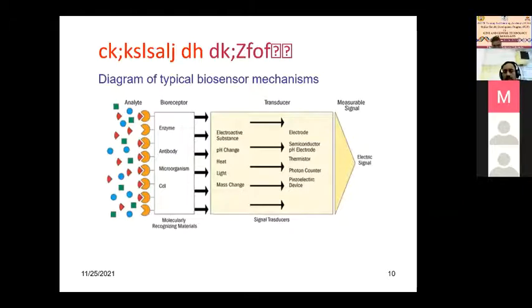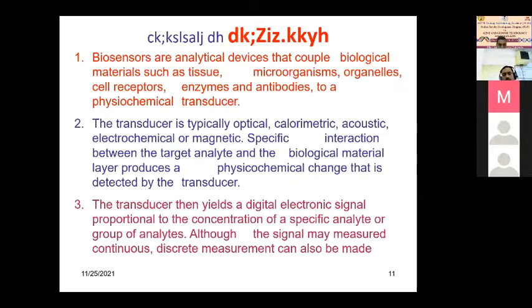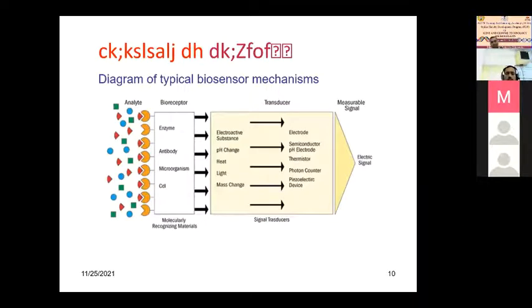So these are the transducers used for sensing the biological event that is occurring at the surface of the sensor. The transducer produces a signal, that signal is measurable, and it can be amplified and controlled by the controlling software. So this is the basic mechanism behind each and every sensor. Okay, next, move on.